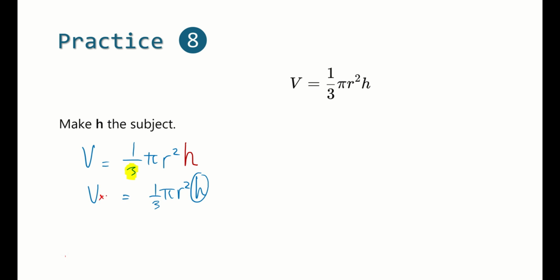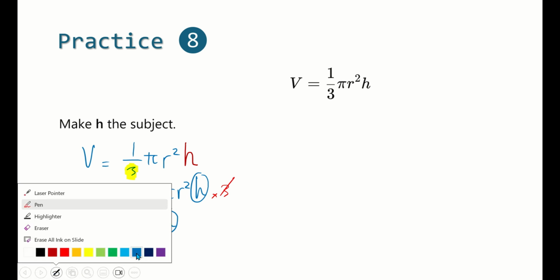So times by 3, times by 3. So by this operation, we cancel the 3. So we have 3V on the left side equals to pi r squared h. I will circle this one. This is like the final destination. Yeah, we need to let h alone.